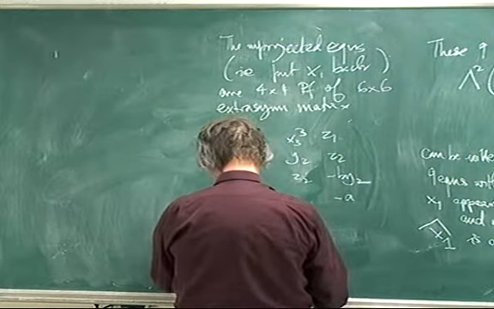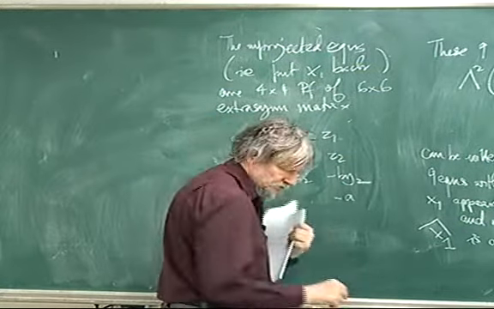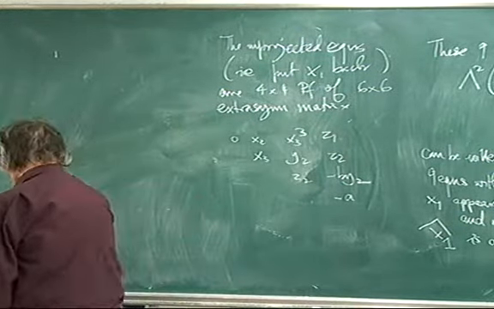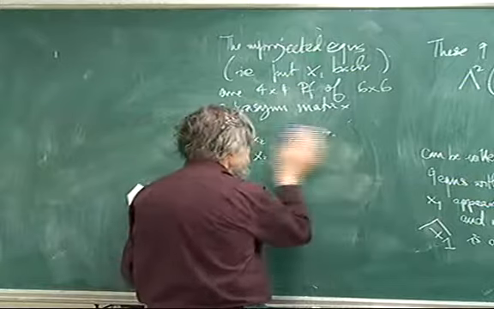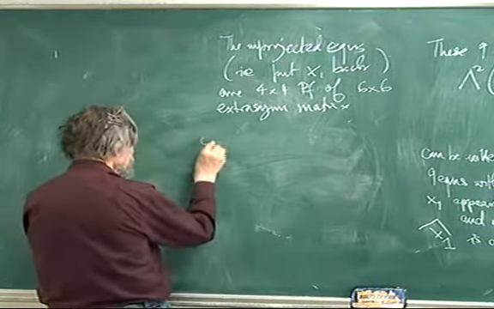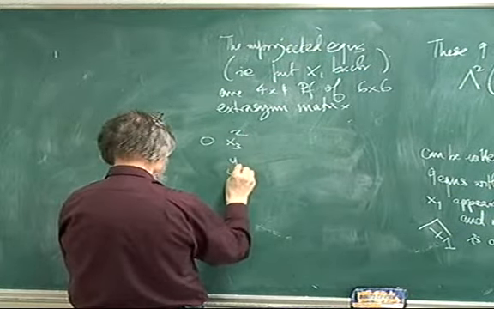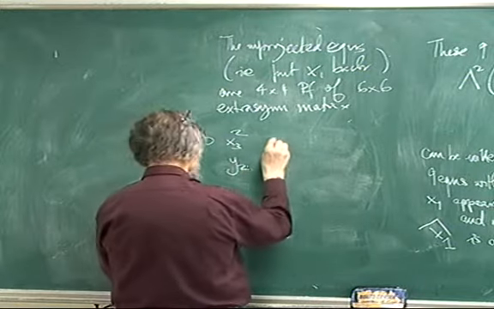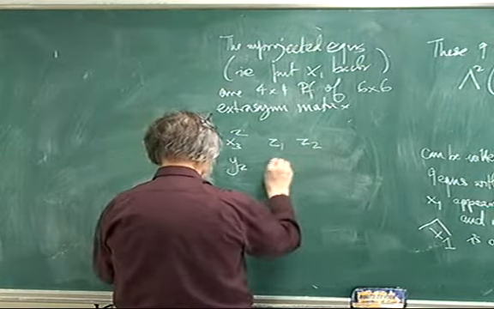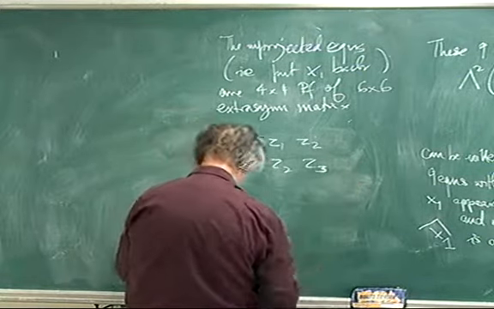In fact, I've done it completely wrong. I'm sorry, this is just to make it more beautiful. I write it in this order. 0, x3 squared, y2, z1, z2, z2, z3. I'm sorry.